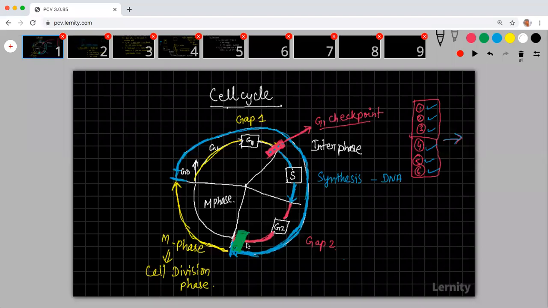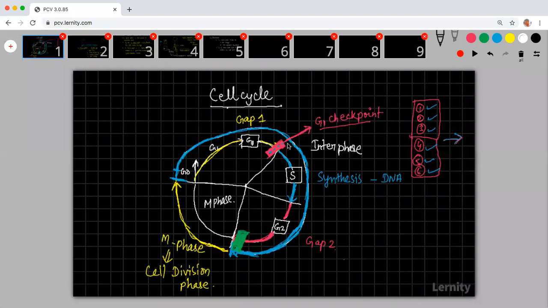Are we able to understand? So G0 is just a resting phase, it does not proceed. It is not a mandatory thing that G0 should follow G1, G1 should follow S, S should follow G2, G2 should follow M. In the order, G1 S G2 M, this order is always fixed. This G0 can come in between anywhere.